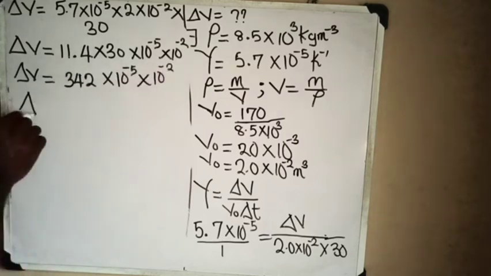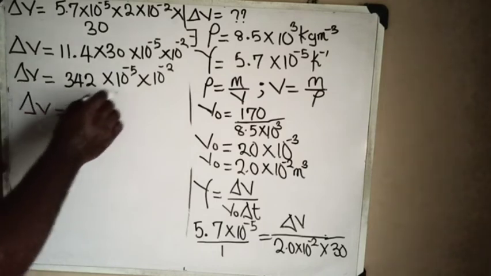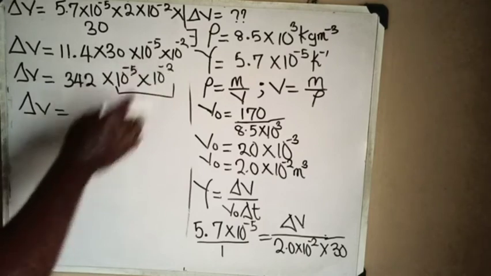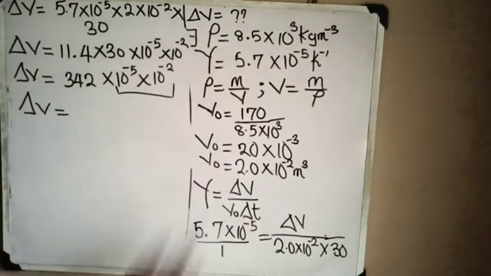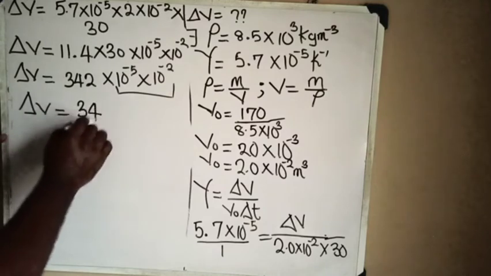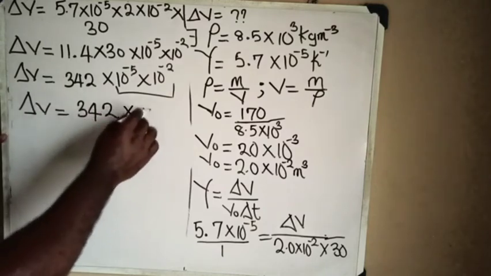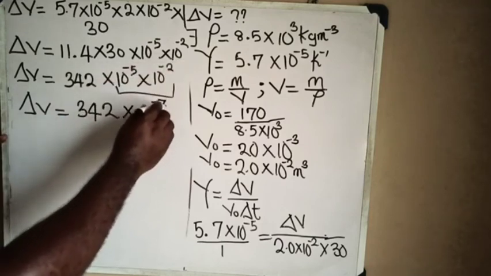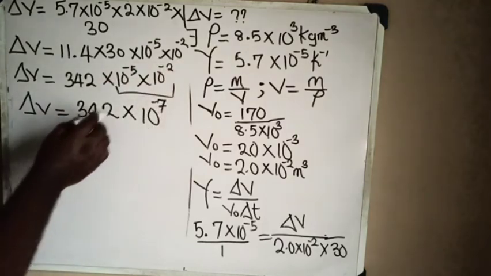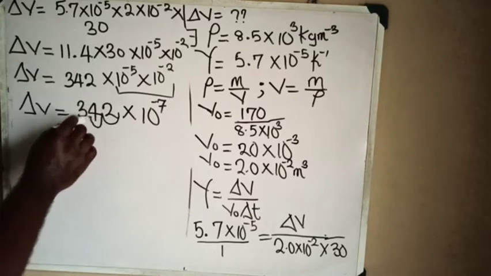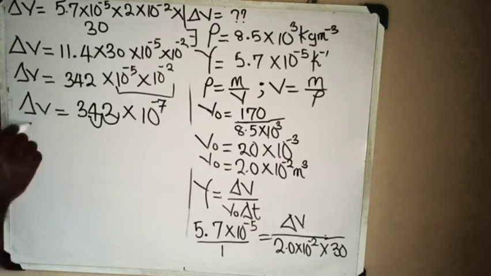Now applying the laws of indices, when the bases are the same and there is a multiplication sign, you add up the powers. So here will give me 342 times 10 to the power of negative 5 plus negative 2, which is negative 7.